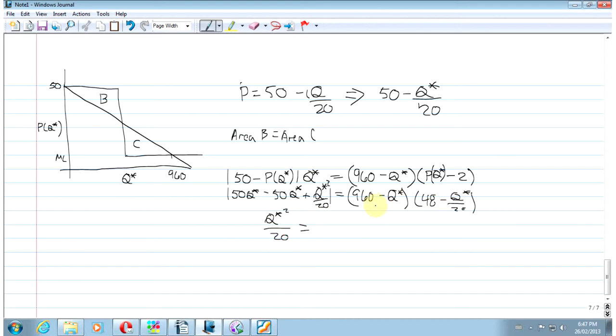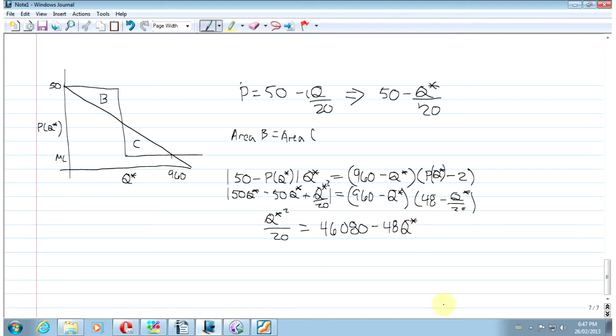equals 960 times 48, which I used to know. And I don't want natural log of 960 times 48. I want this to be 46,080. And then the minus Q star times 48 is minus 48 Q star.